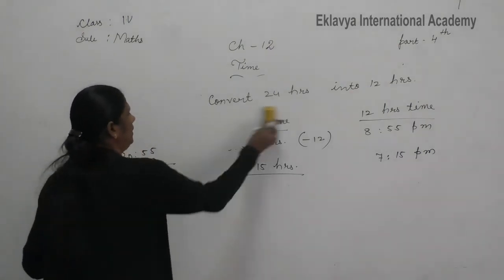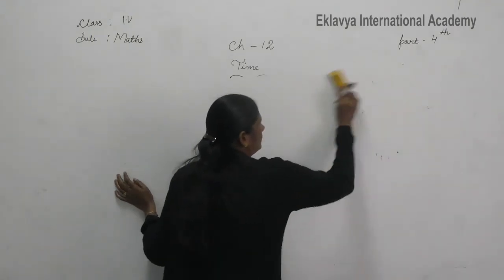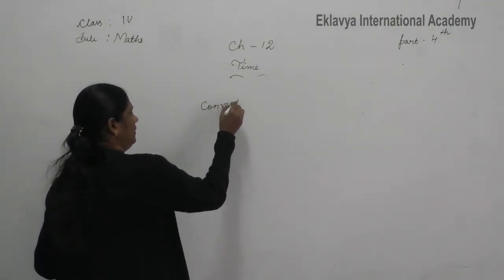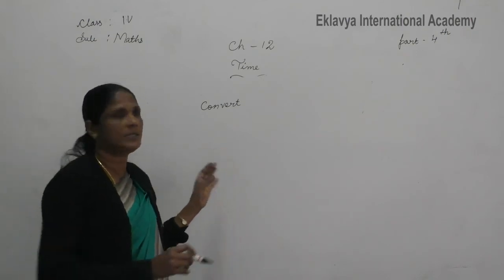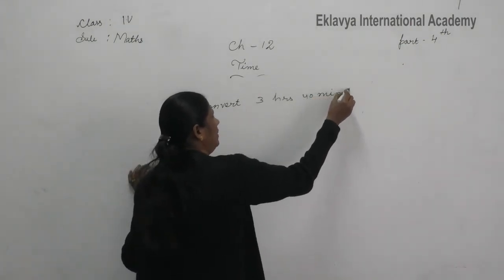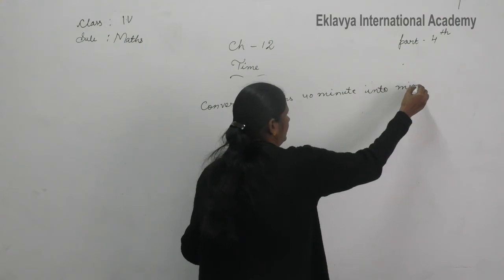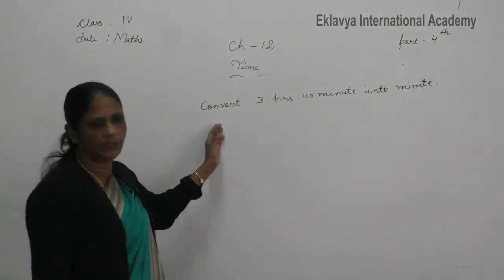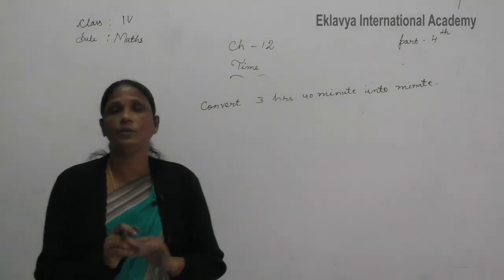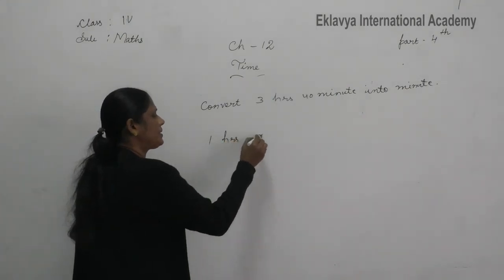Now, how to convert? In the previous class we also discussed converting 3 hours 40 minutes into minutes. 1 hour is equal to how many minutes? 60 minutes.